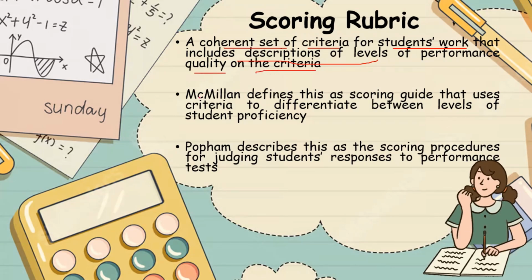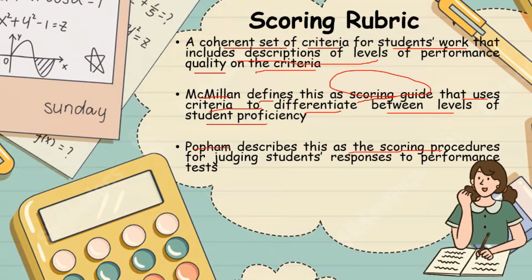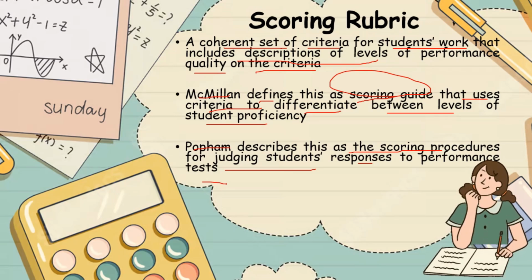According to McMillan, scoring rubrics are a scoring guide that uses criteria to differentiate between levels of student proficiency. Popham describes scoring rubrics as the scoring procedures for judging students' responses to performance tests. In short, a scoring rubric is a scoring guide used to assess a performance, process, or product against a set of criteria.